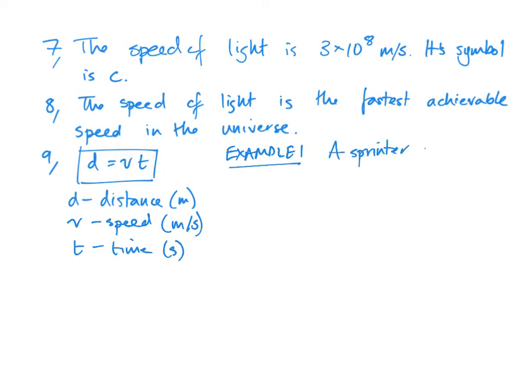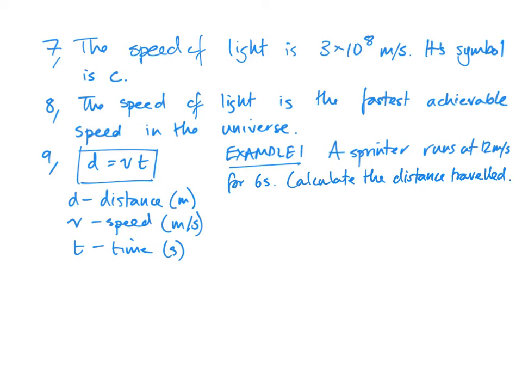A sprinter runs at 12 meters per second for 6 seconds. Calculate the distance travelled. As usual, for all formulas in physics, we approach our calculations the same way.